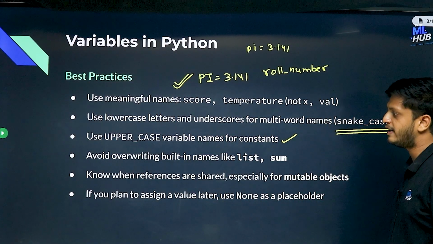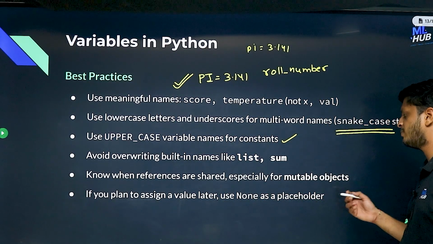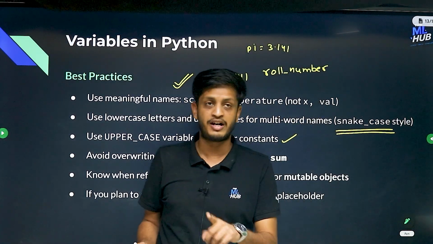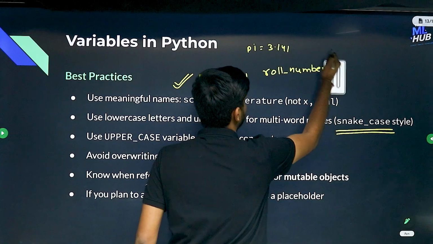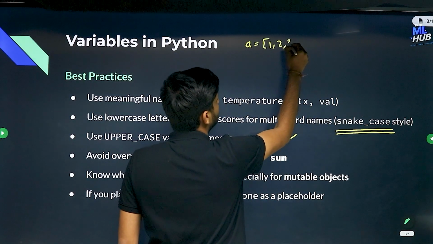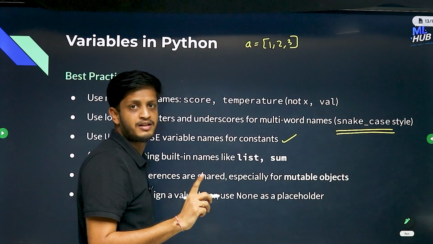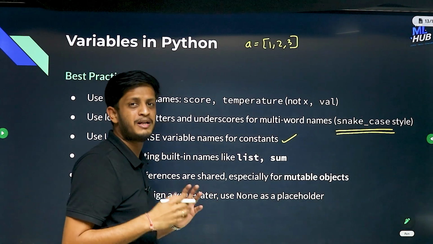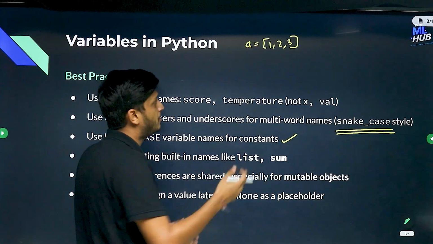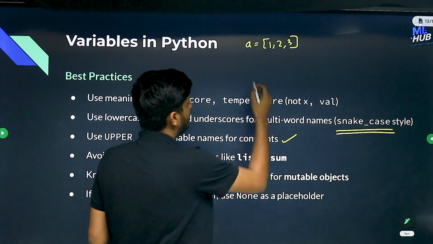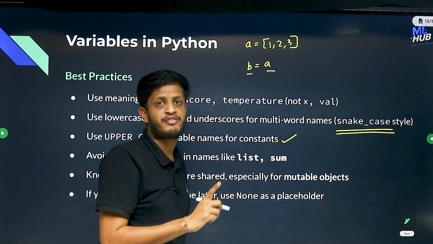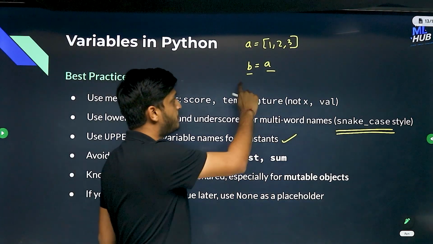Next is know when references are shared, especially for mutable objects. See, again, I gave you an example, right? If the reference is shared, so if you create a list like this, if you say A is equal to the list 1, 2, 3, and list is a mutable object. Tuple is not a mutable object. For tuple, there is not a problem, because in tuple you cannot change values, but in list you can change values. And if you say B is equal to A, now they both are sharing the same reference. So now if you change B, A will also change.